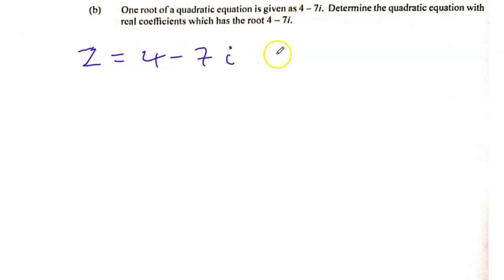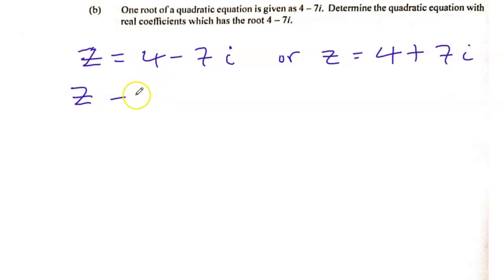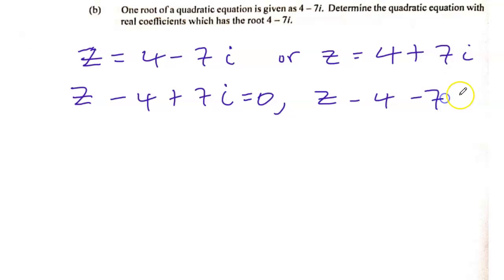The other root would be z equal to the conjugate, which is 4 plus 7i, which means that z minus 4 plus 7i, grouping everything on one side, would be equal to 0. And on the other, z minus 4 minus 7i would be equal to 0.